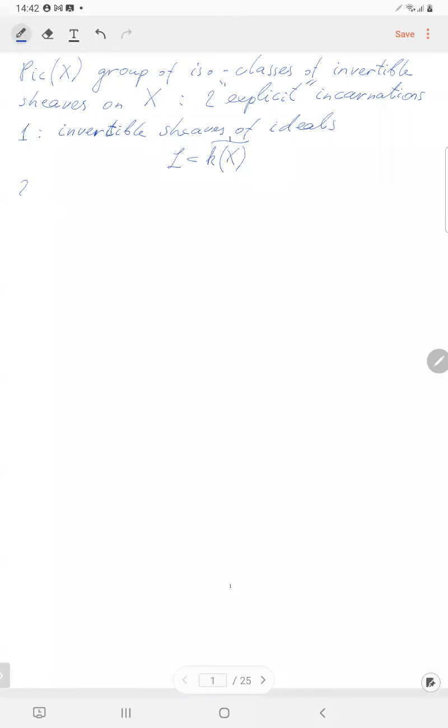And second was via the quotient group of divisors. This was the notation, right? D of X, modulo principal divisors.